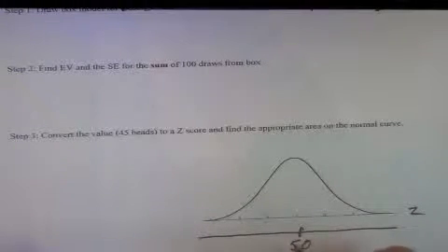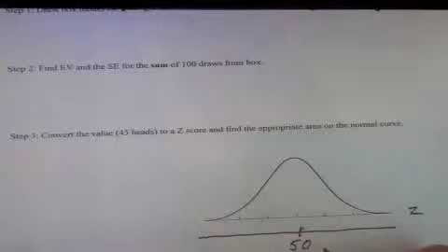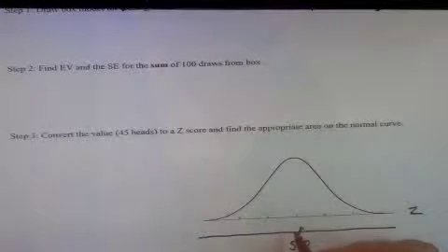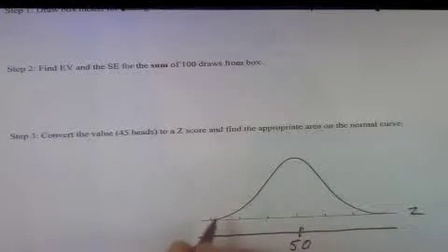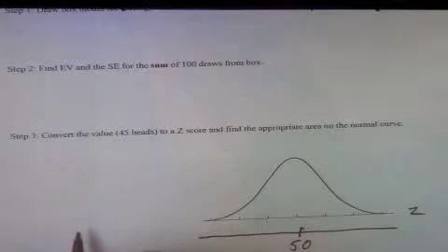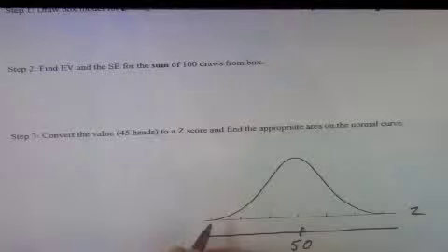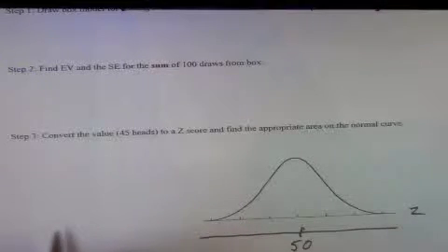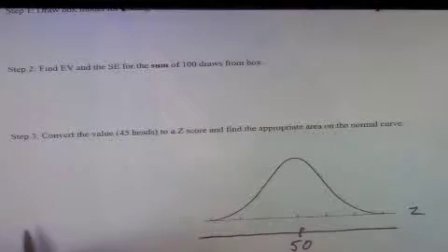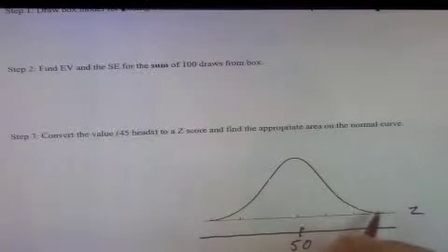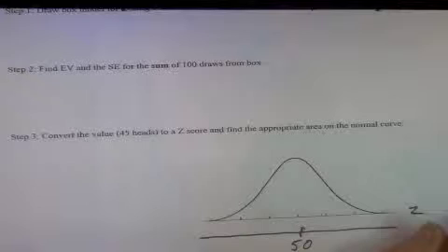We're going to translate 45 into a z-score. That's what we're going to do. But intuitively, do you think 45 would be... This actually never crosses, it never gets negative. There's never going to be a negative chance. And this goes all the way to 0 heads in this direction, but it's such a tiny chance. And it goes all the way to how many heads? What's the highest you could get?